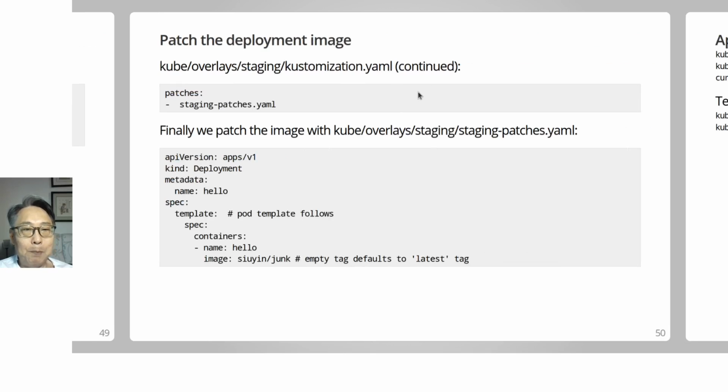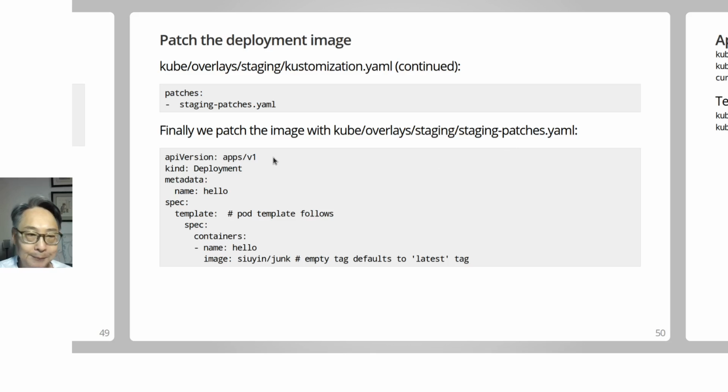We also want to patch our deployment image. Well, not with a different volume, in this case with a different image. So let's patch the image, and staging patches is actually quite long because it has to uniquely identify what it has to patch.